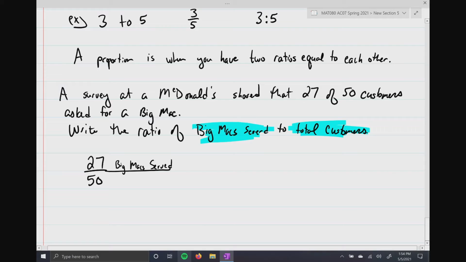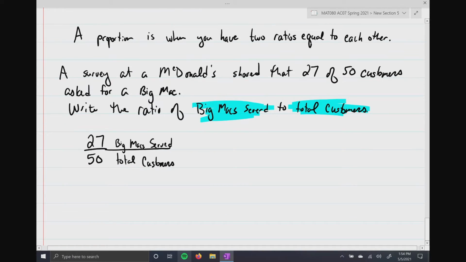Now, if you wanted to get really, really technical, you would write the units. Okay? Are there any questions with how I formed that ratio? All right.